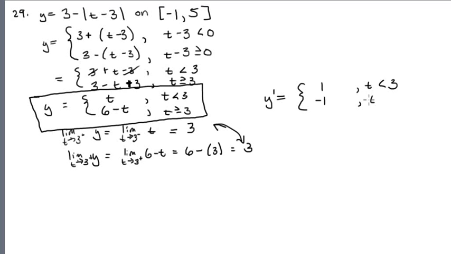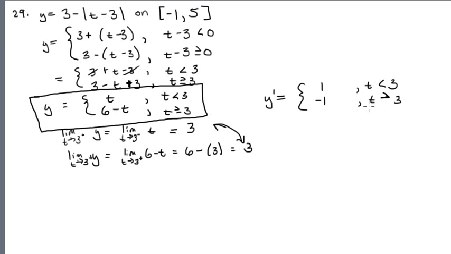And that's for t greater than, but what about equal to 3? This transition point right here at 3. Remember that the derivative is defined as a limiting process. So the value of the derivative as you approach on the right should be the same value as you approach on the left. It should be glued together and continuous, just like our function.